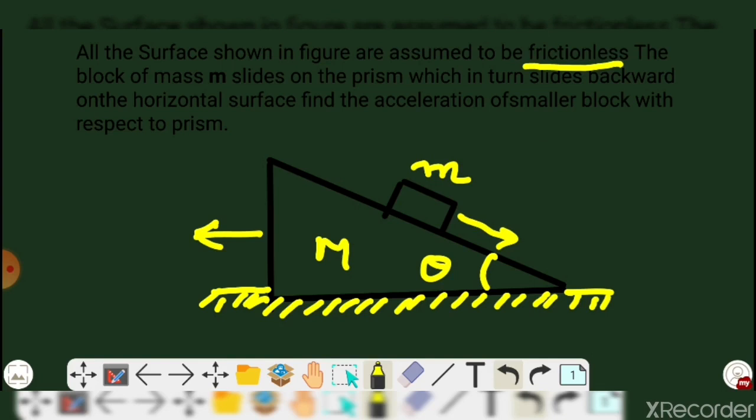Obviously, when a force is applied, there will be an acceleration. That is simple. Now what is a non-inertial frame? A body that is accelerating, without any constant velocity, is considered a non-inertial frame.